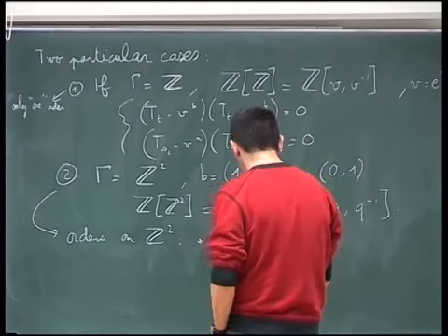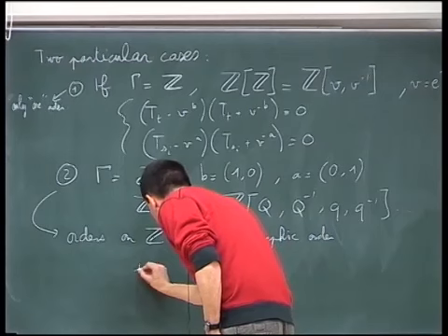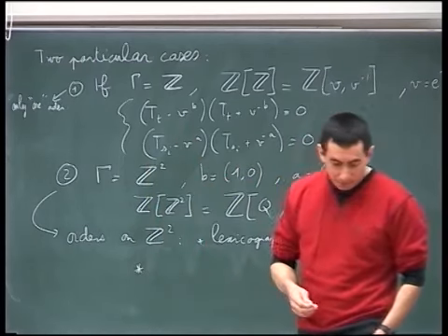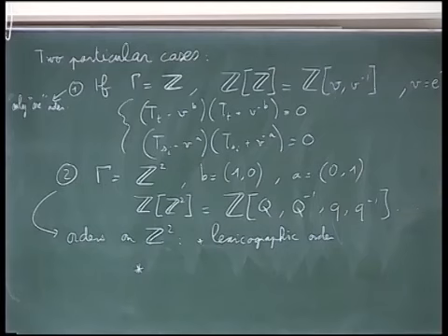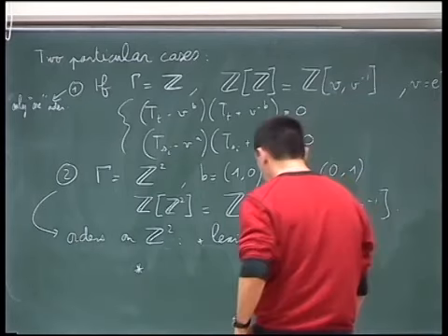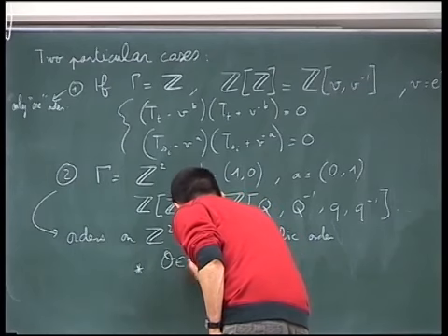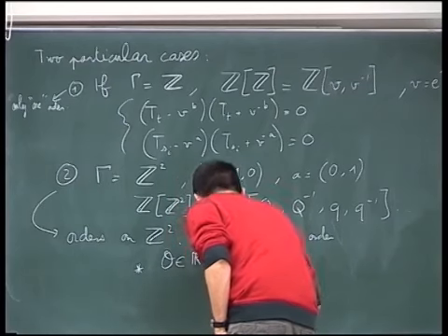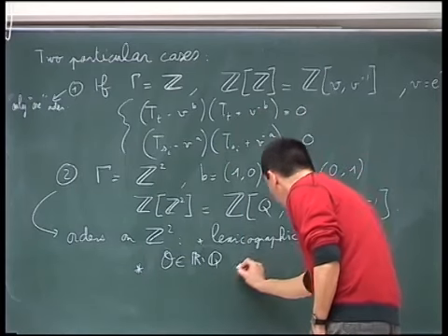And there are also many other orders that can be built by embedding, for instance, Z2 in R, the field of real numbers. This can be done by using an irrational number.